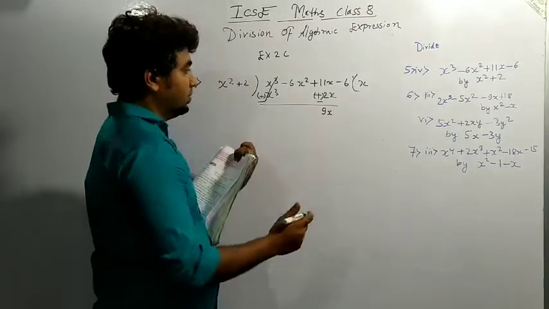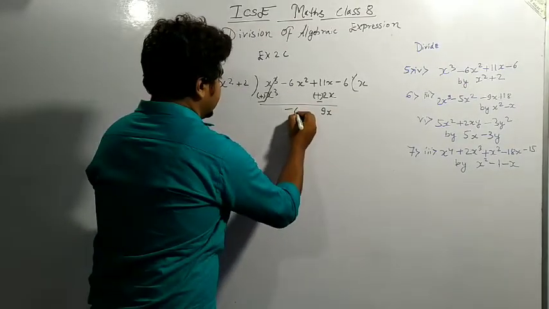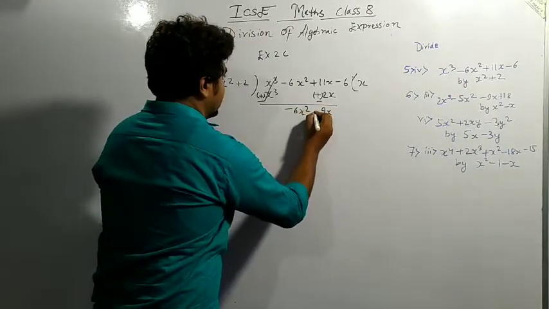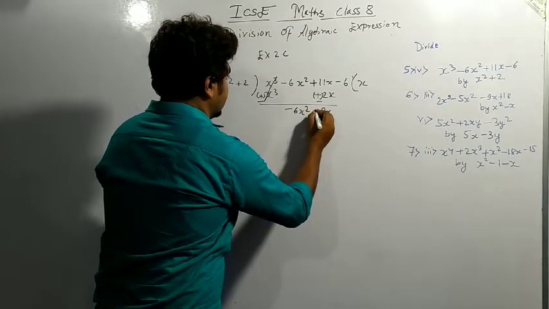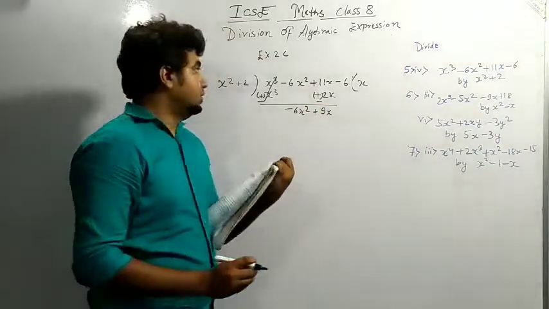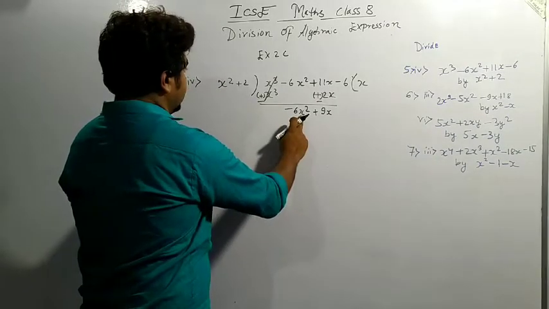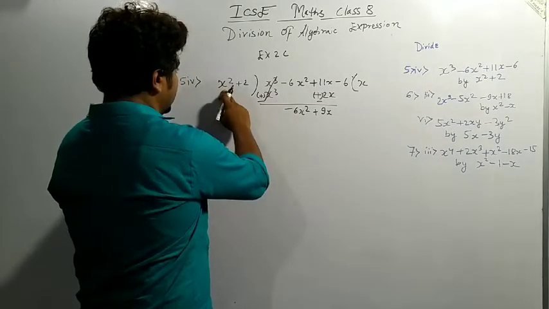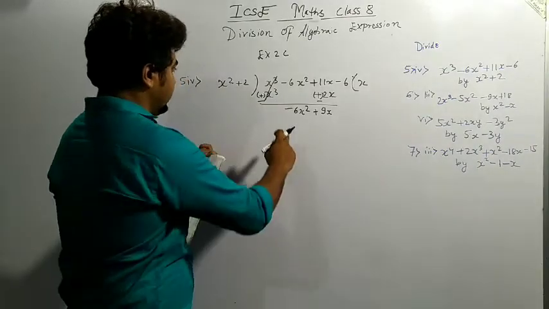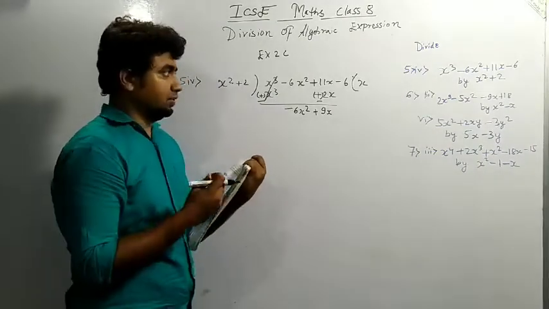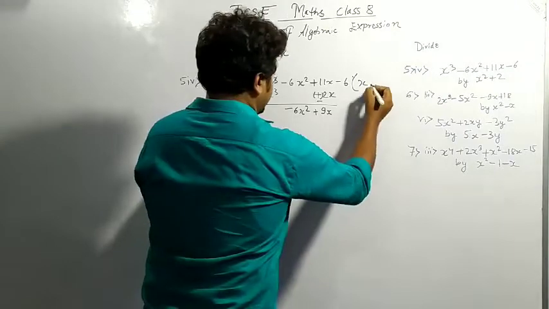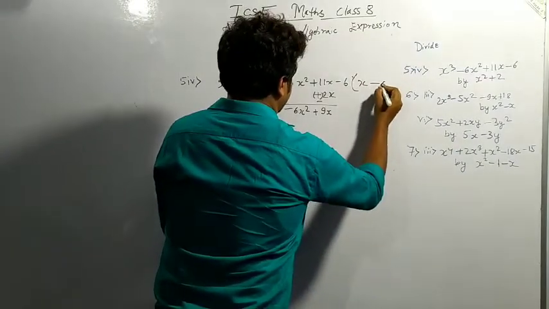And from here we are getting minus 6x square plus 9x. So again we are able to see that we have to make x square. What term have we got? X square we already have, but we have to make minus 6x square. So again we will be multiplying with minus 6.